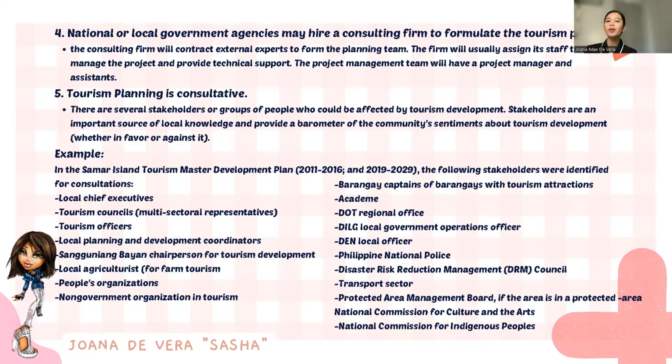So sino-sino nga ba yung mga stakeholders in tourism? First one is the tourist suppliers, employees, education, utilities and infrastructure, the NGOs, the small and medium enterprises, transport, tourism organization and operators, and communities. So stakeholders can only be involved once you know who they are.